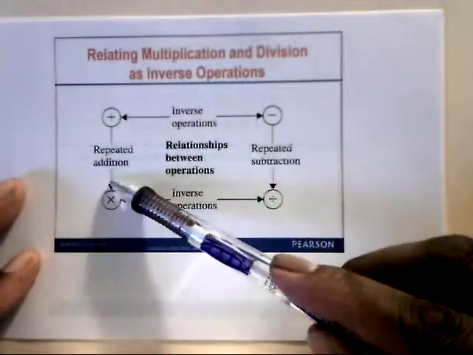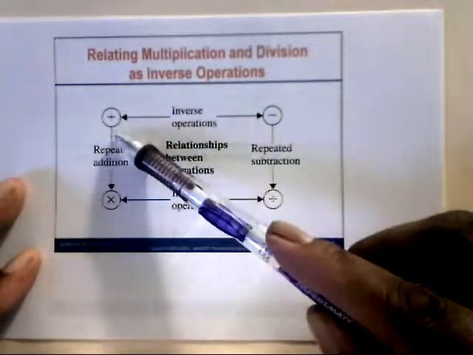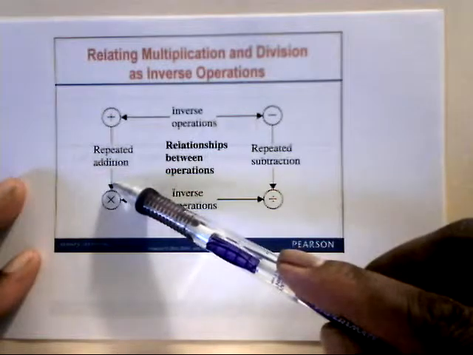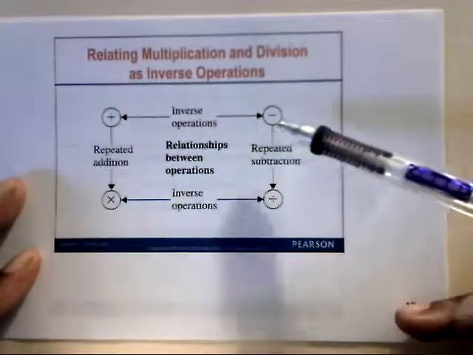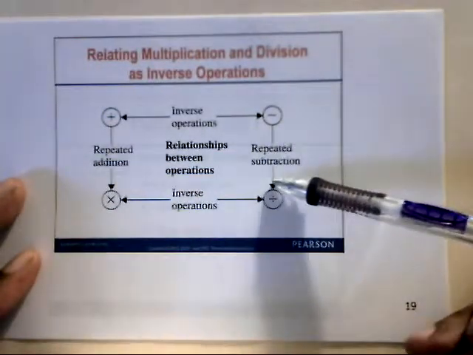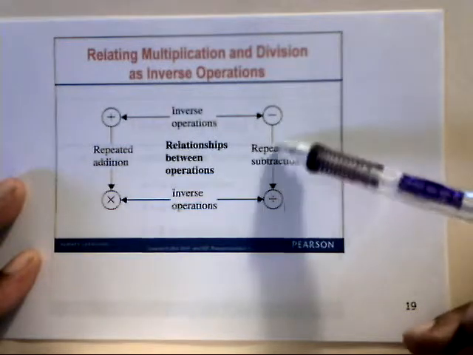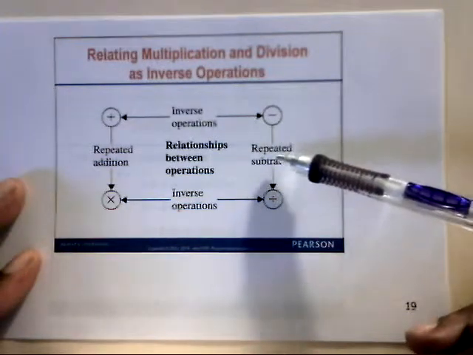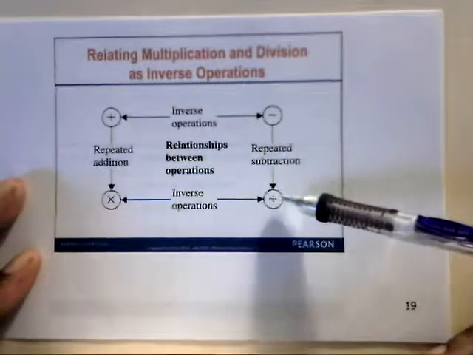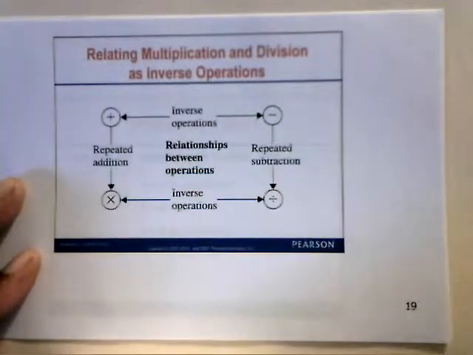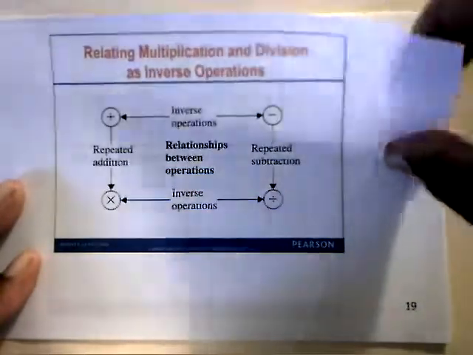From addition, we can relate that to multiplication because multiplication is repeated addition. Subtraction and division has a relationship. It's repeated subtraction. Okay? Because division is simply repeated subtraction in this case.